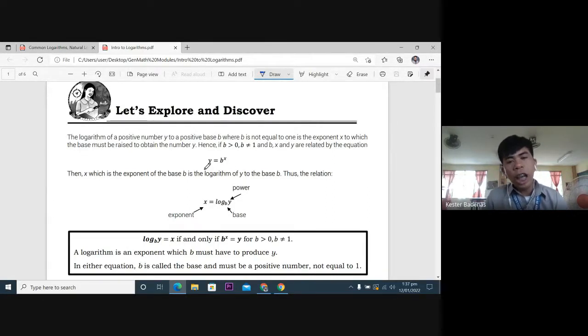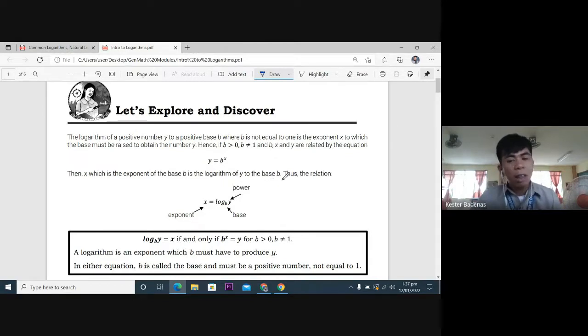If we have y is equal to b raised to x, wherein b is the base of the exponential function and x is the exponent of the function, we will have x is equal to the logarithm of y to the base b. Okay?